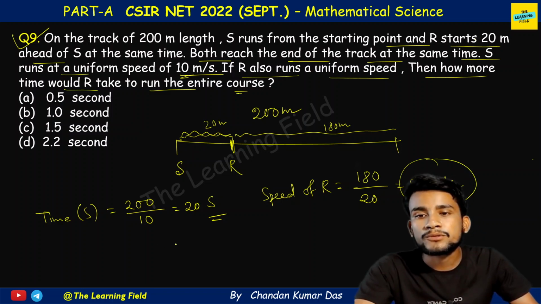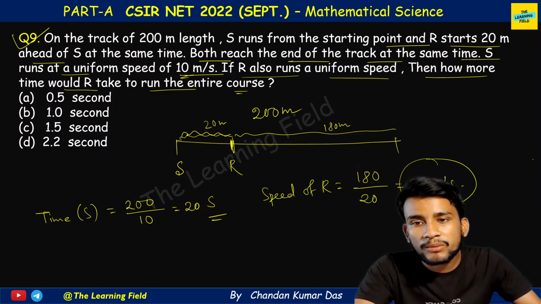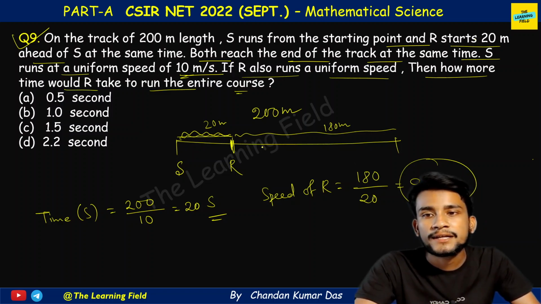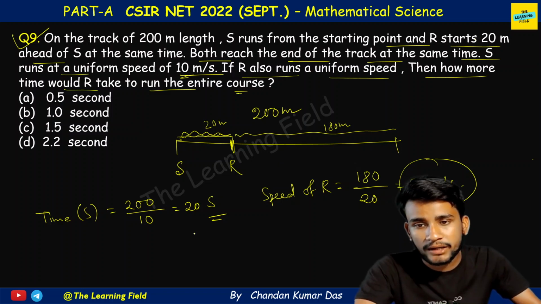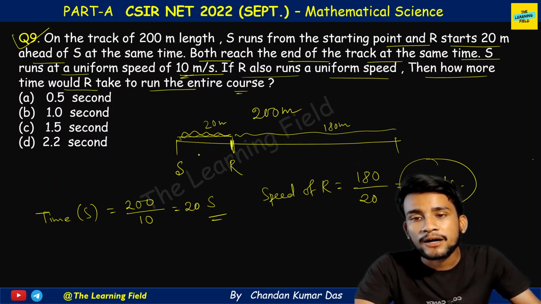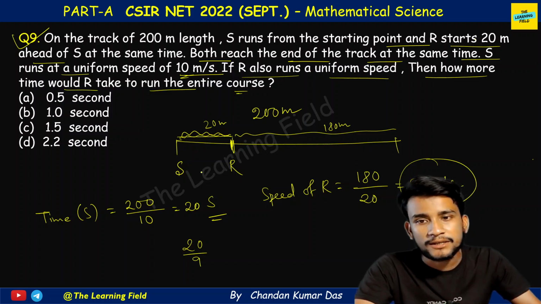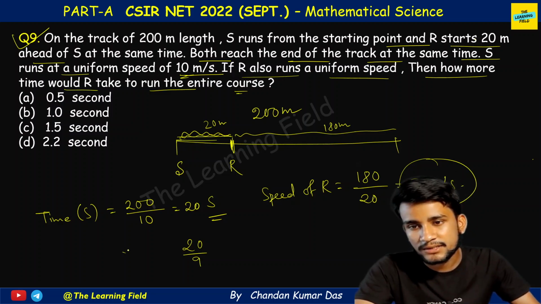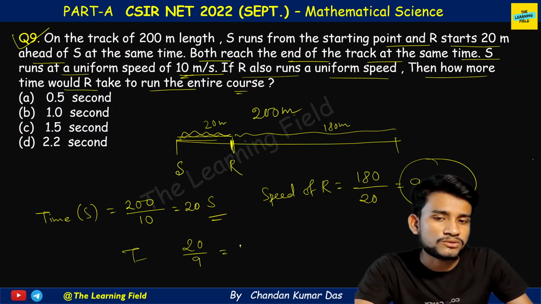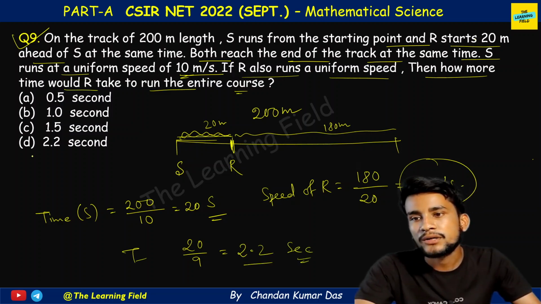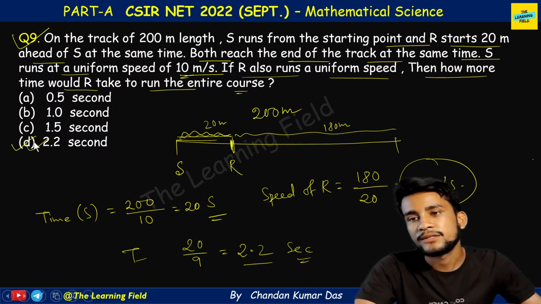If R covers this 20 meter distance, then the entire course will be covered. So the time taken by R is equal to 20 by 9, because this is the distance and this is the velocity, so time is distance over speed. This is equal to 2.2 seconds. So the answer is option D here, 2.2.